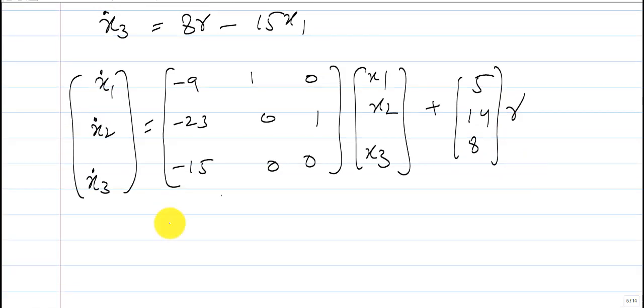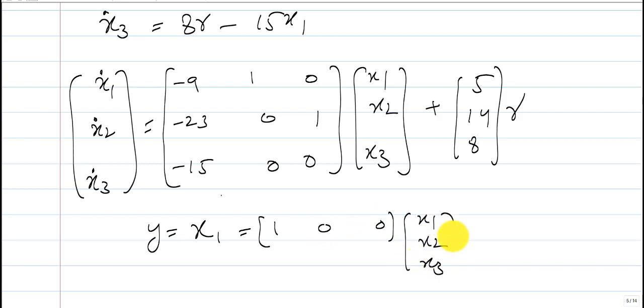Now the output equation, as we have written, is y equal to x1, so it will be 1 0 0 times x1, x2, x3. If we look at this system matrix A, we can observe that the first column contains the coefficients of the denominator polynomial of the transfer function with negative signs, and the other elements are either 0 or 1.